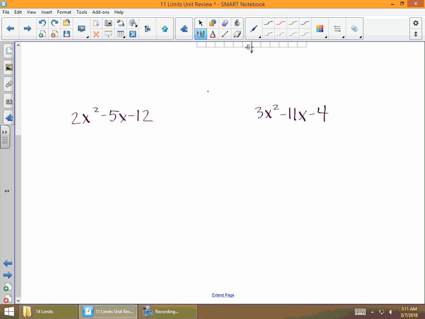All right, for 2x squared minus 5x minus 12, 2 times 12 is 24. Two factors of 24 that add to negative 5 are negative 8 and positive 3.